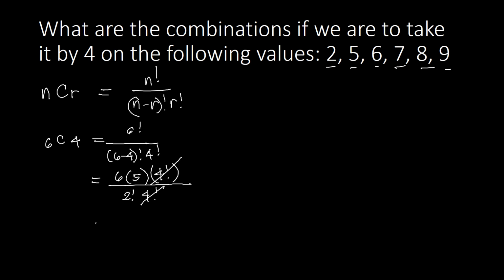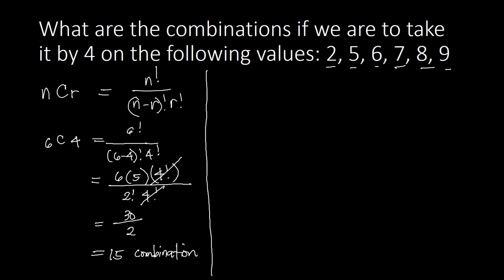So we are now with 30 at the top and 2 factorial at the bottom, which is equal to 2 times 1. So that is 2. And we now have 15 as the possible combinations that we can come up with numbers with 4 values given the following values.